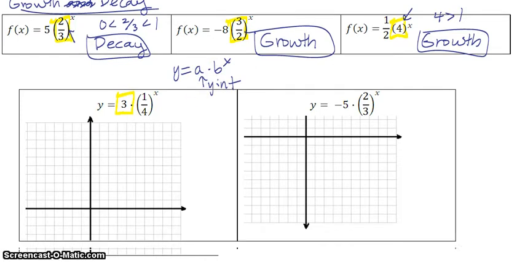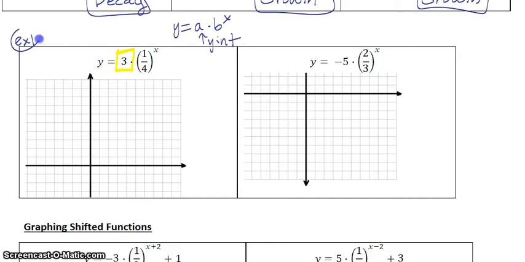So for this first graph here, my y-intercept is at 3. So step 1, find your y-intercept. Step 2, we're going to find another point. And like I said in 8.1, you could use any point. I recommend you use x is 1 because it's fast. So my other point I'm going to find, I'm going to have x be 1, and then I have to find y by plugging in x.